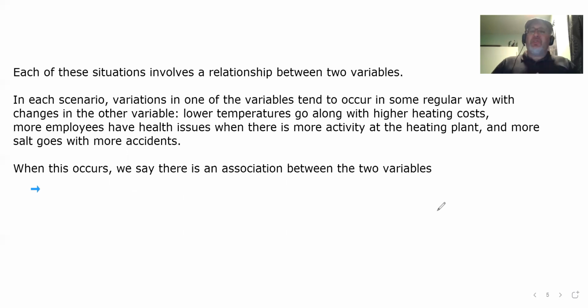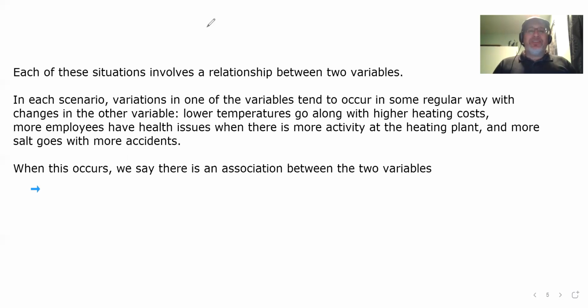Each of these situations involves a relationship between two variables. In each scenario, variations in one of the variables tend to occur in some regular way with changes in the other variable. Lower temperatures go along with higher heating cost. More employees have health issues when there is more activity at the heating plant, and more salt goes with more accidents.